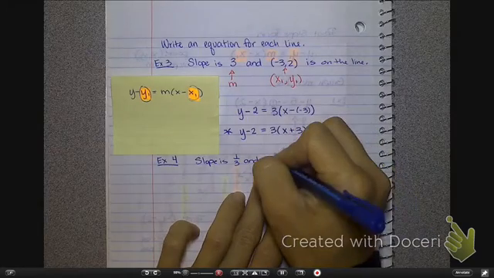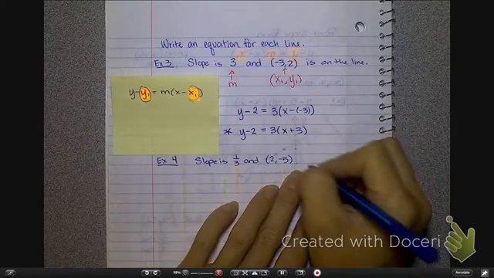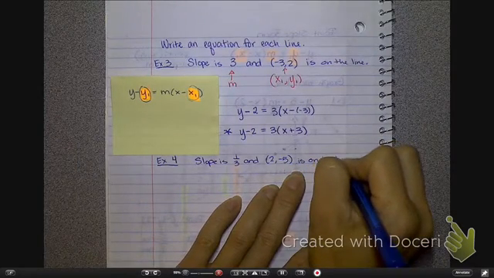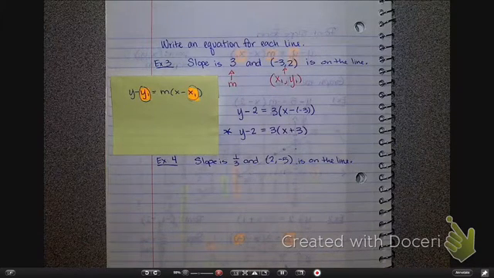So write this one down. All right, so your slope is 1/3, and 2, -5 is on the line.